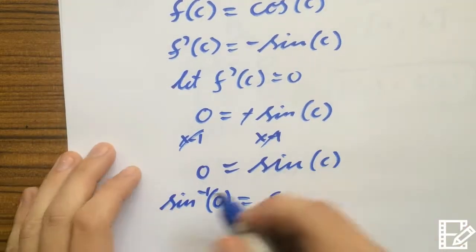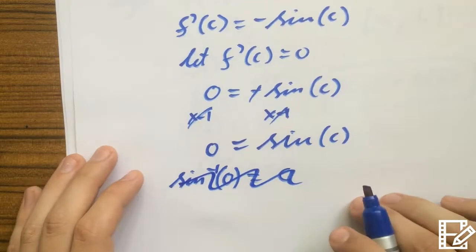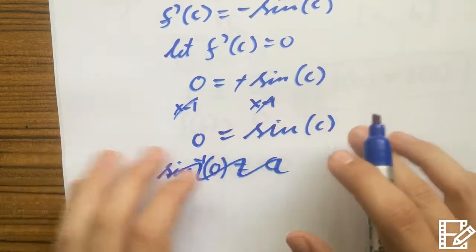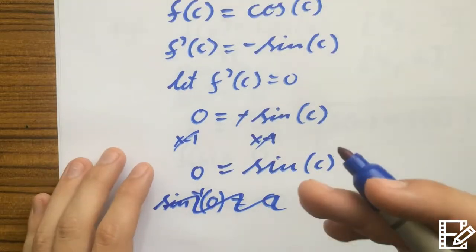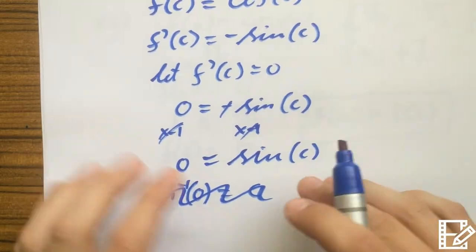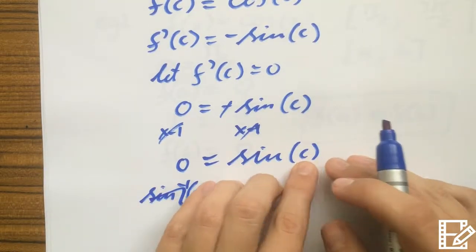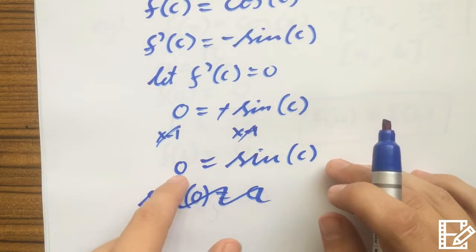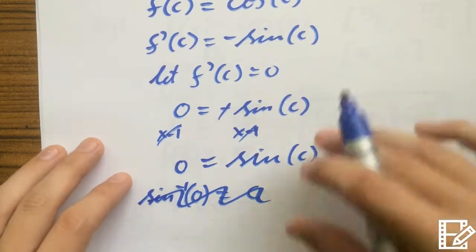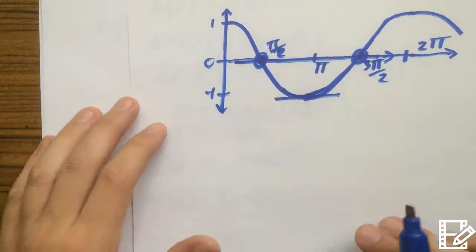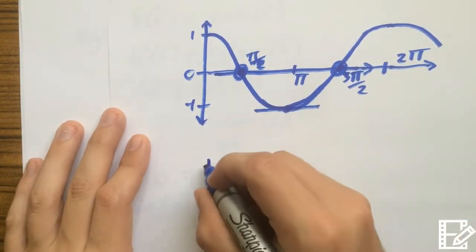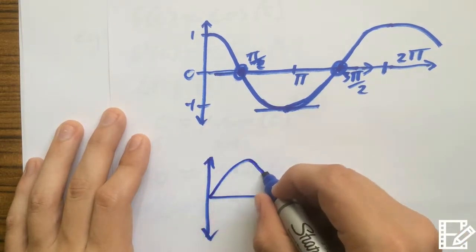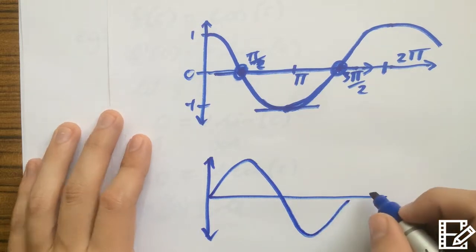Well, you could do it that way, or you could do it this way. If you're familiar with trigonometric functions, it just makes it easy to look at it and understand it a bit. If you look at sine c, at what x value does sine equal 0? So if you look at another graph, the sine function comes up, goes down, and comes back up again.